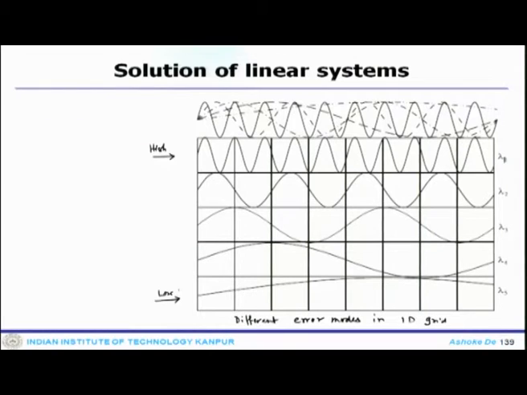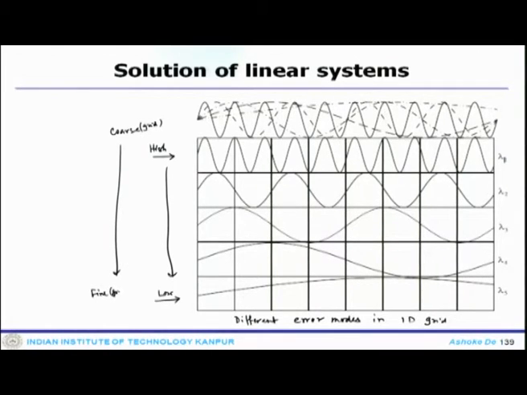Now what does that do? It is shown here when you have two cores. So this is the high to low frequency oscillation which appears in the solution, and that also increases from coarse mesh, coarse grid to fine grid.